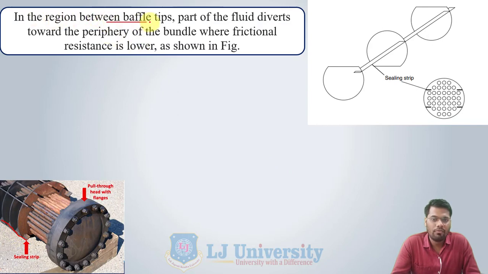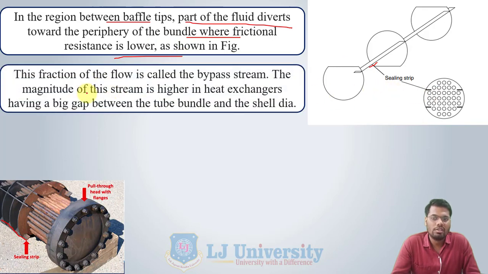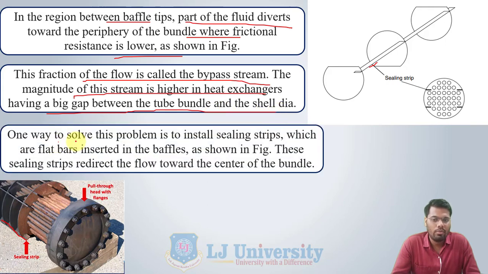In this region between the baffle tips, part of the fluid diverts. These are the strips which are used to divert the fluid at the periphery of a bundle where frictional resistance is lower, as you can see in this figure. This fraction of the flow is called the bypass stream. The magnitude of this stream is higher in heat exchangers having a big gap between the tube bundle and the shell diameter. One way to solve this problem is to install sealing strips, which are flat bars.